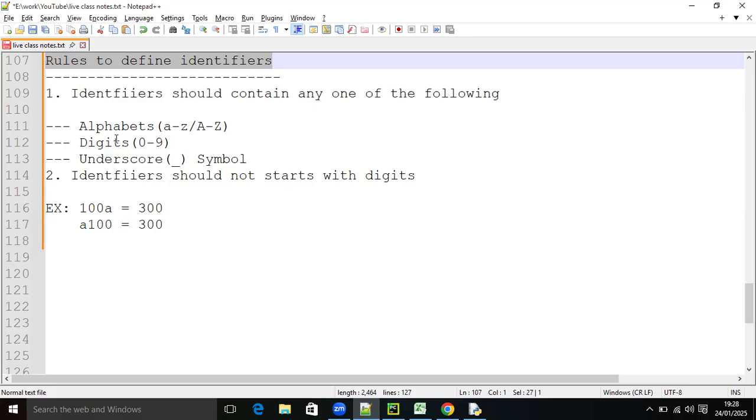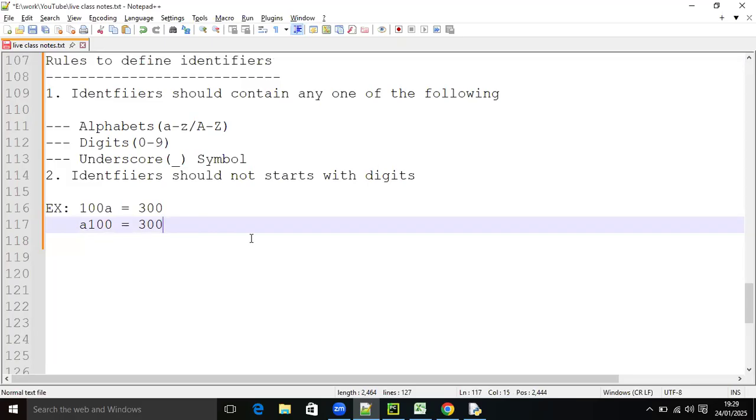A number should be given after the alphabets, and underscore you can give as you like, before the alphabet or after the alphabet. For the starting of the identifier name, we can use it as you like. In the last class we discussed till here.